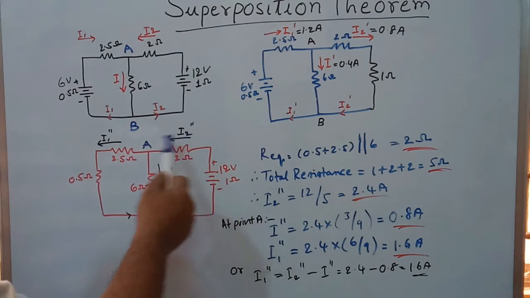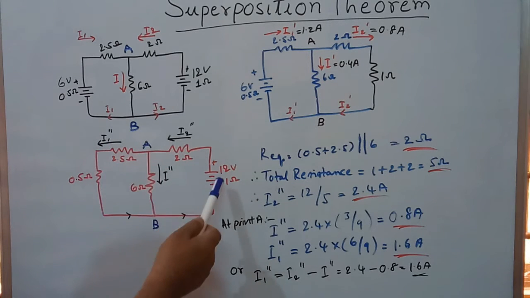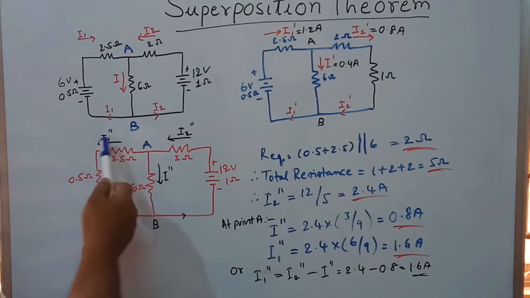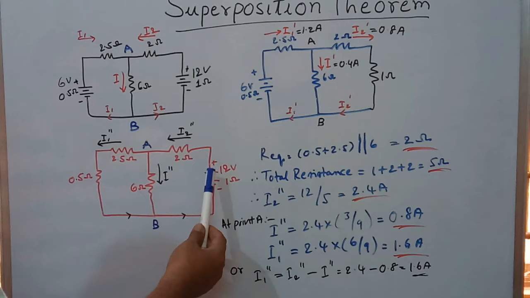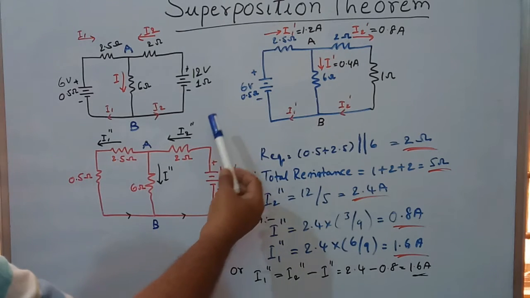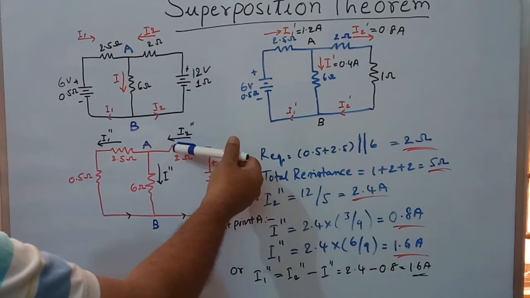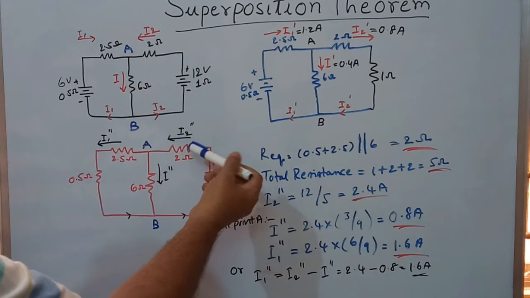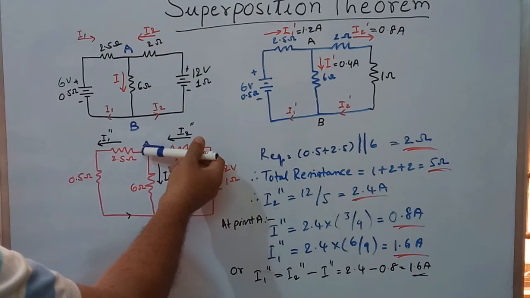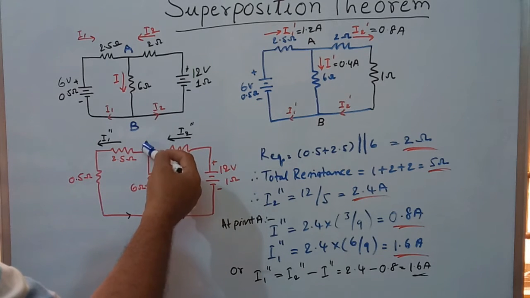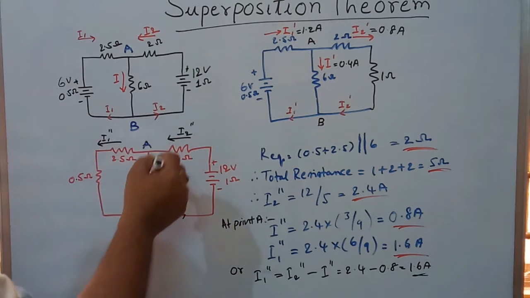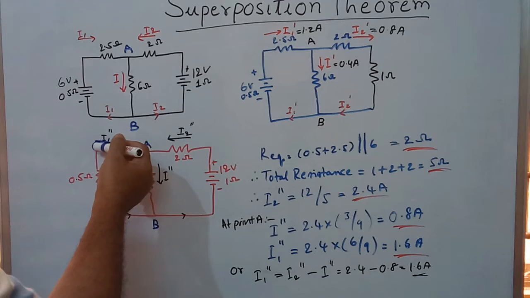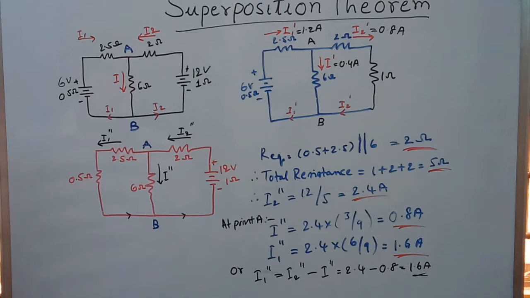Now the directions of current are as shown, as the 12 volt source is only acting on this network. Now this 12 volt battery feeds the current I2 double dash into node A, and at node A this current is split into two branches, that is I1 double dash and I double dash.